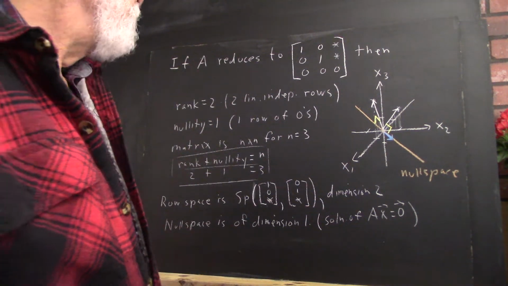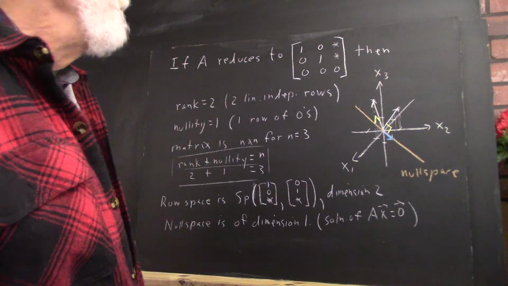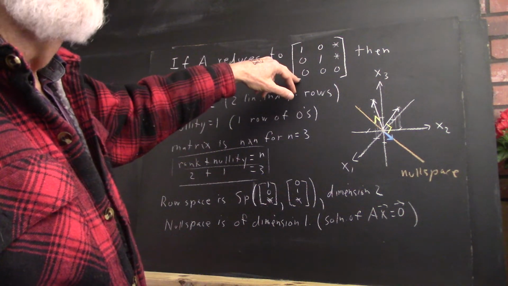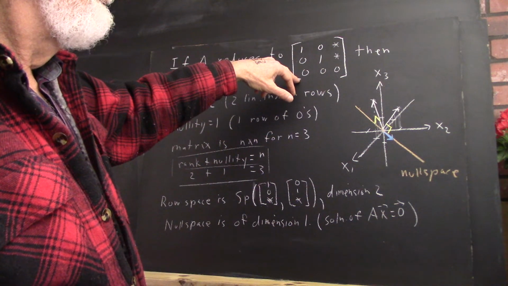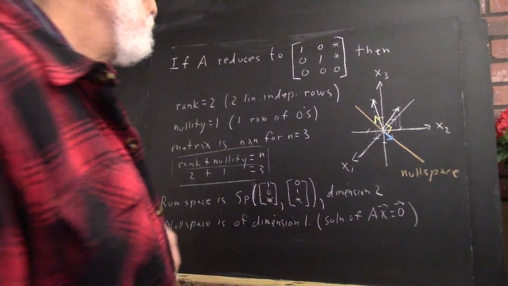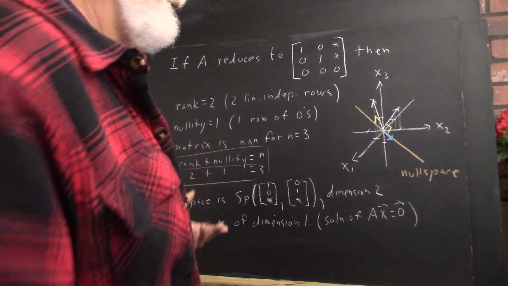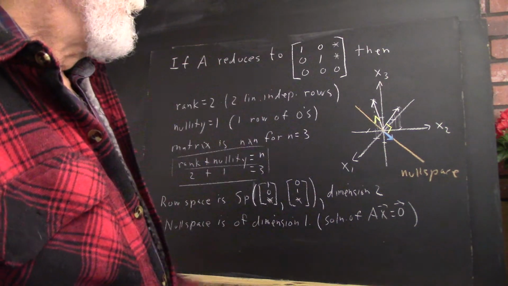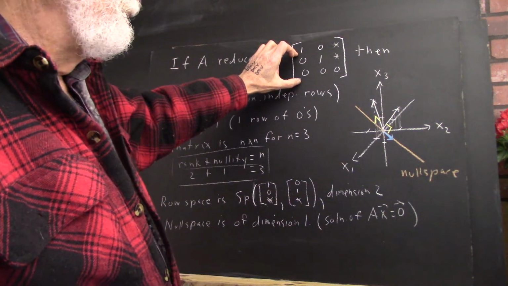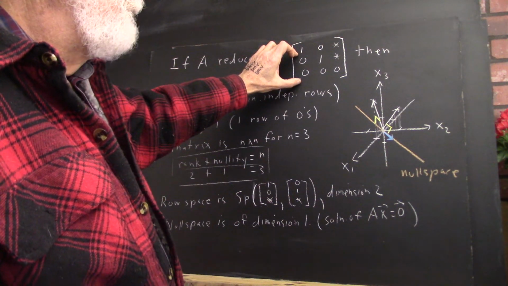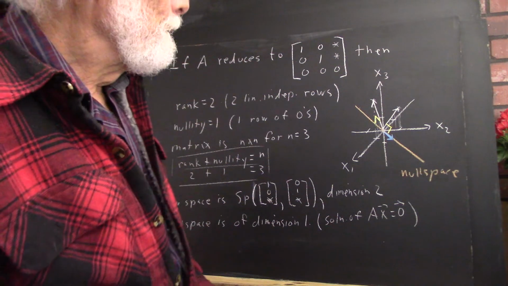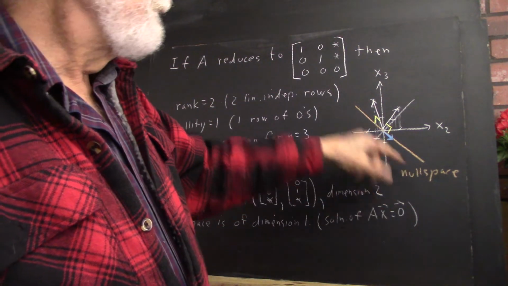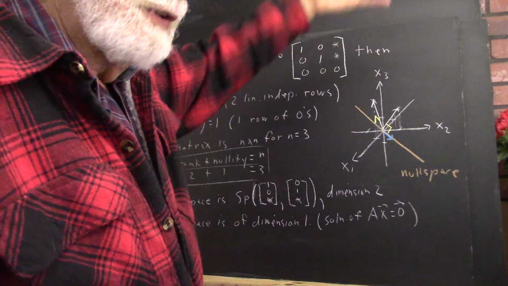Now there's another case. Maybe A reduces to a space with 2 rows of zeros. If that's the case, then your row space has dimension 1 and your null space has dimension 2. Meaning that now, if we want to use the color coding with orange for the null space, these two vectors would turn orange and the plane would be orange.